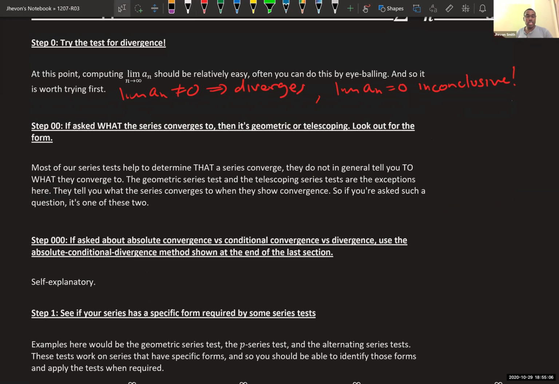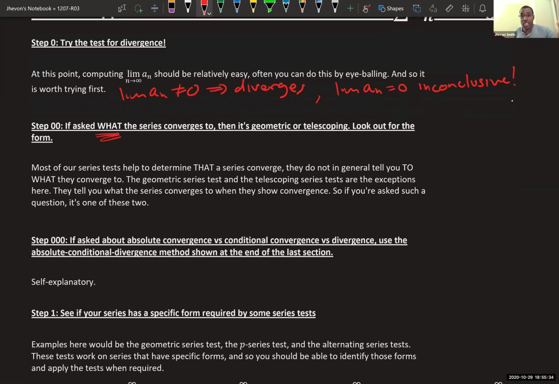Step 0, if a problem specifically asks you what something converges to, right? Like I don't say the series converges. I say something like the series converges, find its value, or evaluate the series, or what does this converge to? Then you're actually in pretty good company because there are literally only 2 situations in which a Calc 2 student would know how to find the exact answer off the top of their head.